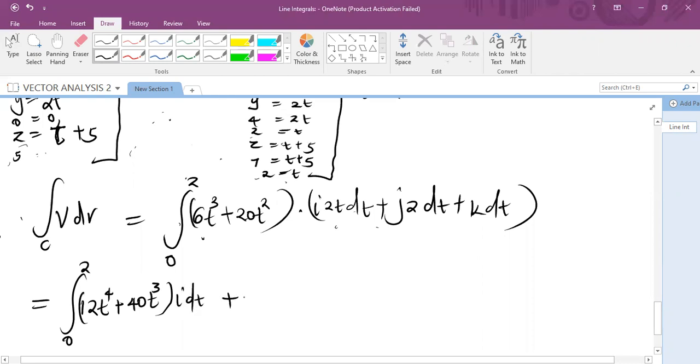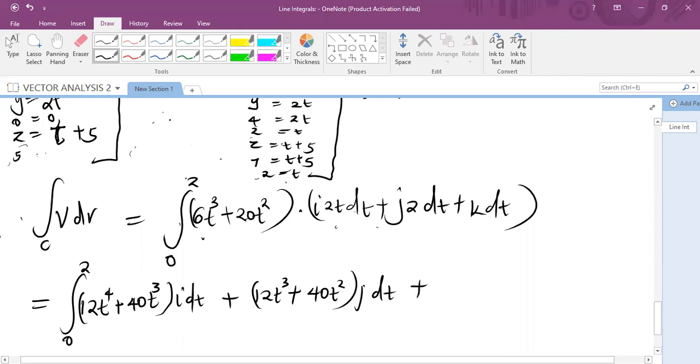Plus the next term, we have 2 multiplying the whole bracket, so that will give us 12t cubed plus 40t squared, j dt.